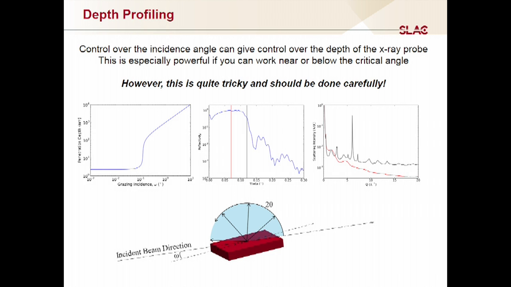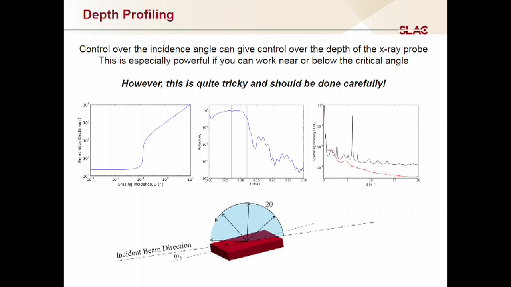So we talked about the critical angle very briefly. And if you're working, so this is a reflectivity curve for some complicated layered system. If you're working below the critical angle, you can actually calculate the penetration depth, and until you hit that critical angle, it's pretty much flat, and it's really only maybe a nanometer or less penetration into the sample.